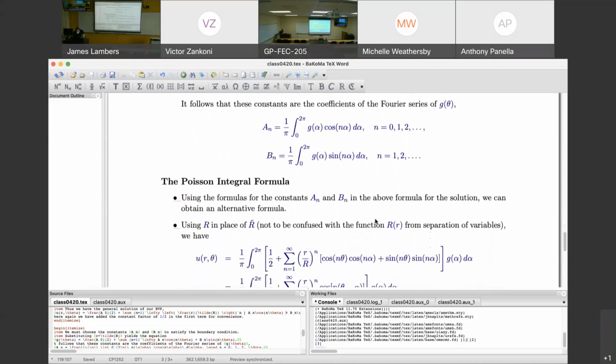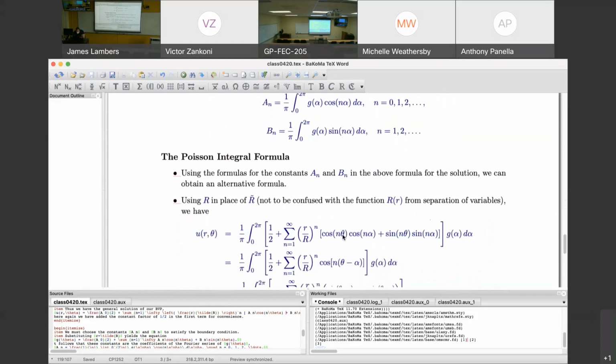Now, for notational convenience, or we can also argue laziness, since I'm not dealing with separation of variables anymore, I can use capital R to refer to the radius of a domain, or what you can think of as capital R tilde from before.